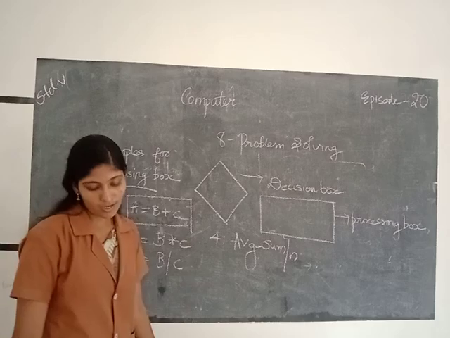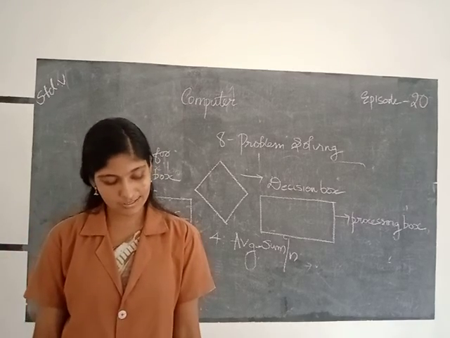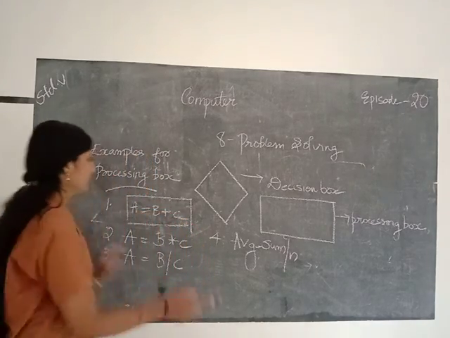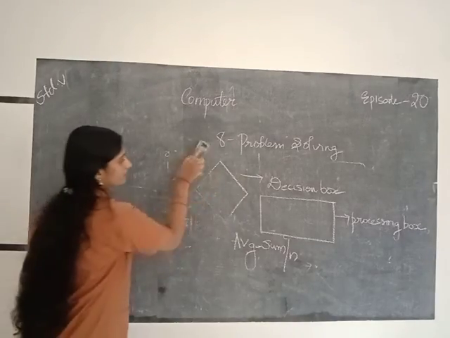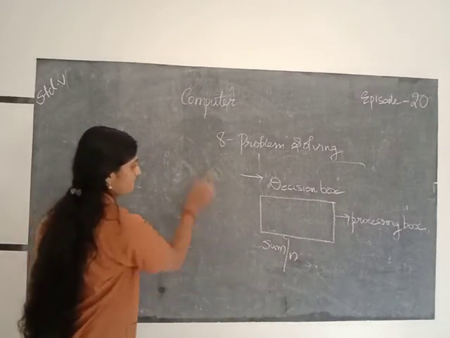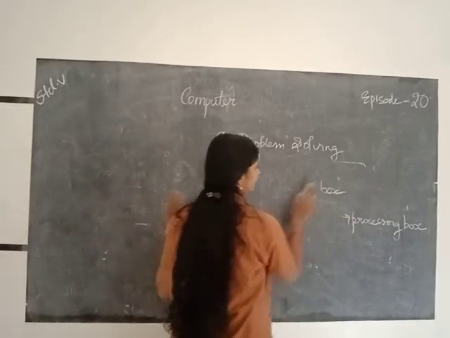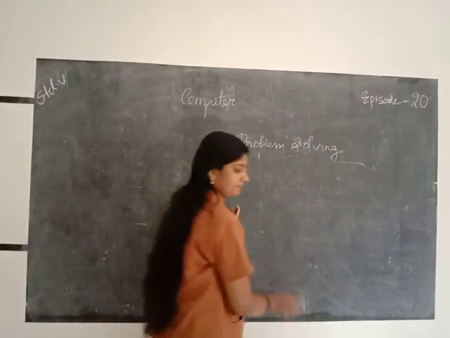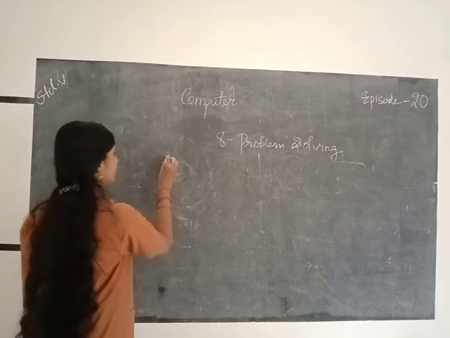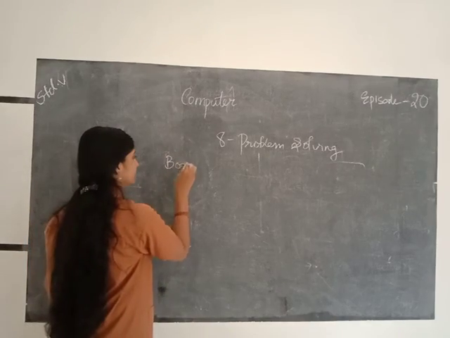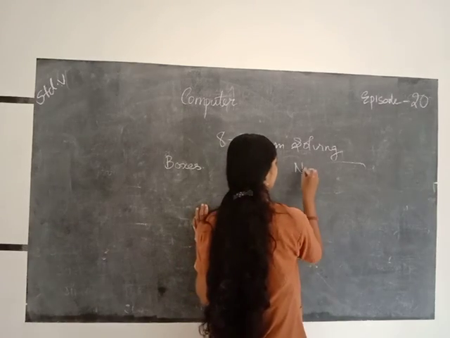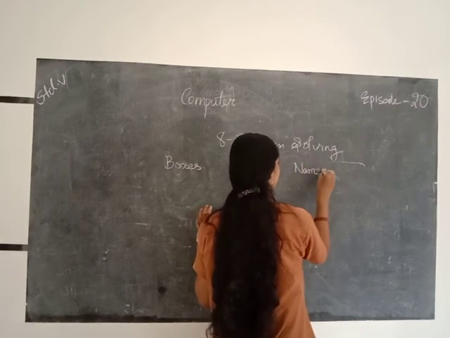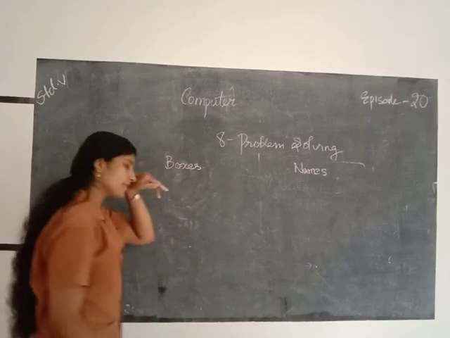The next is, draw and name various boxes used in the flowchart. So we can draw each box, then name them. What is the first box?